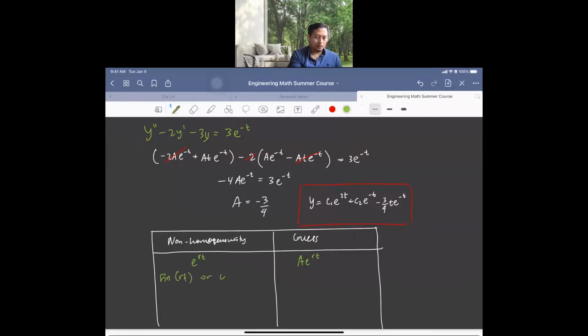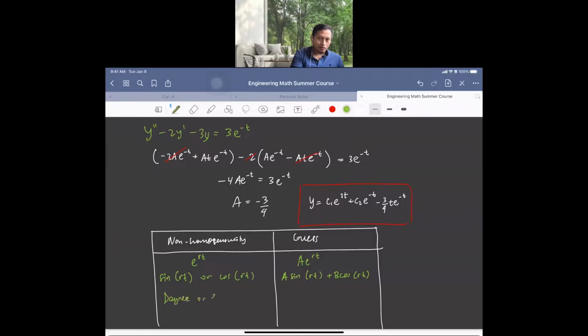If you have sine or cosine, you can guess A sine rt plus B cosine rt. We need to include both sine and cosine in our guess because when we differentiate sine it goes to cosine, and when we differentiate more, it goes sine, cosine, right? So we need to have both sine and cosine.